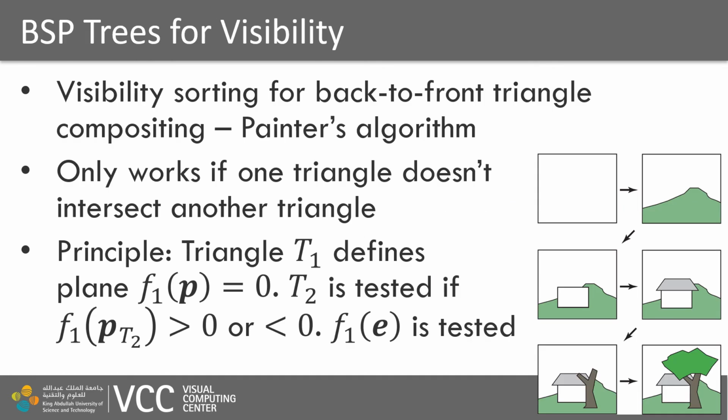The BSP, binary space partitioning, is not only performed for the space partitioning for ray tracing, but also for evaluating visibility. The difference to the axis-aligned BSP operation is that in the previous case, we had the space partitioning axis aligned. And the BSP trees for visibility are in fact using the geometry itself for performing the visibility test.